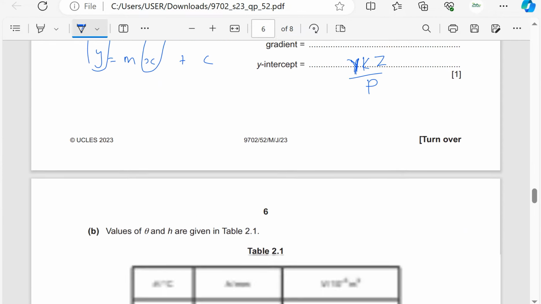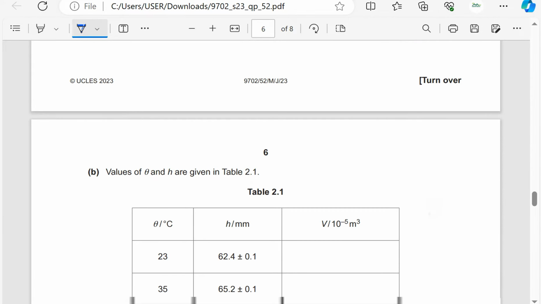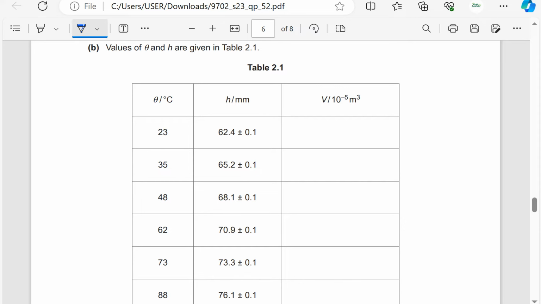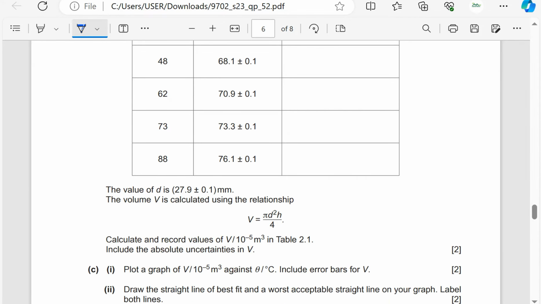That is the y-intercept. Values of theta and h are given in the table. They have given us theta and h. The value of D is constant, 27.9 plus or minus 0.1. The volume is calculated using the relationship V is equal to pi d squared h over 4.